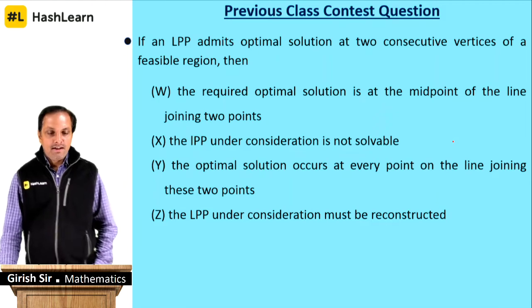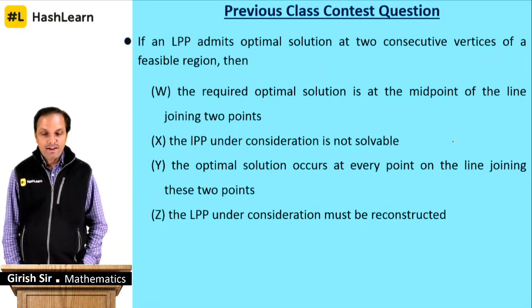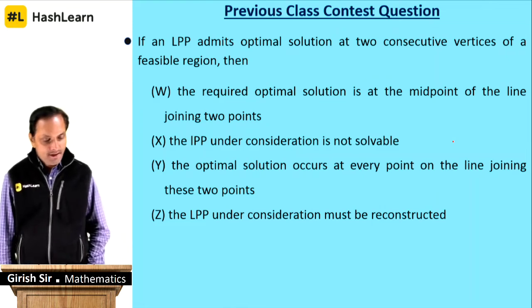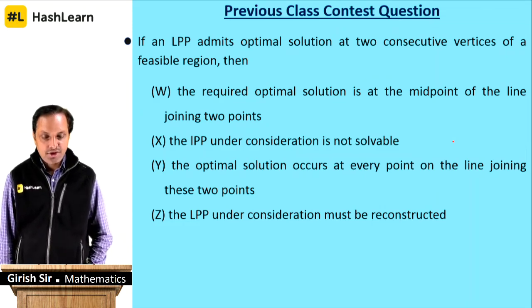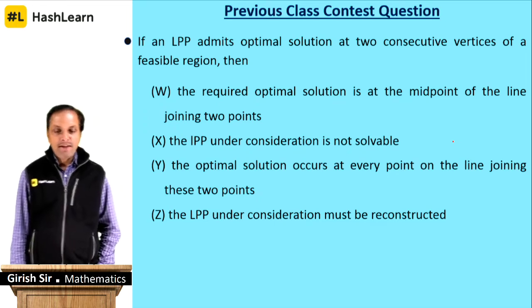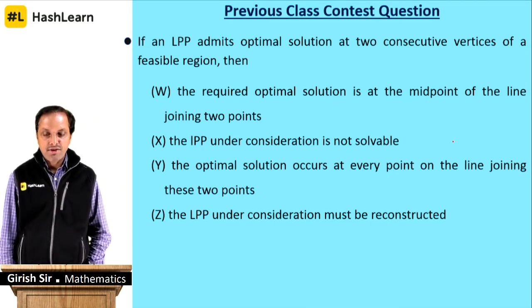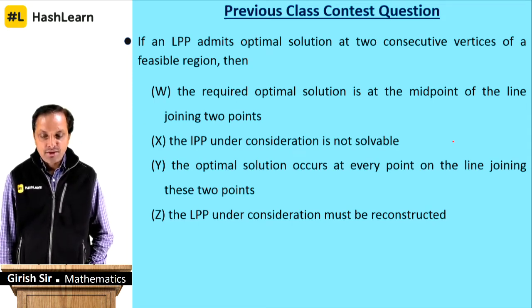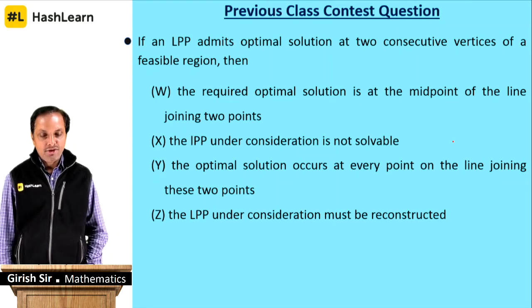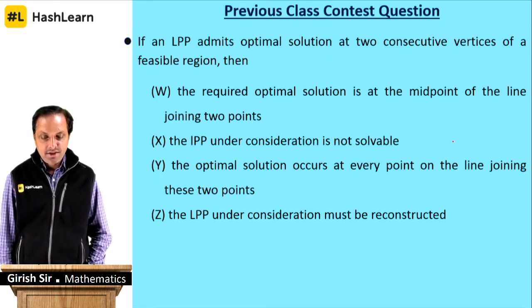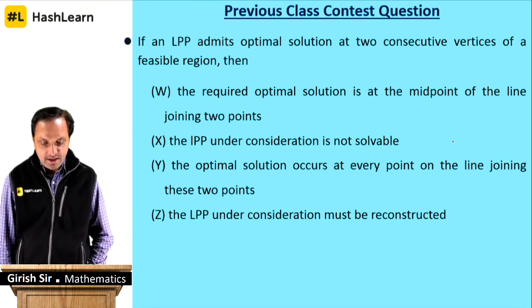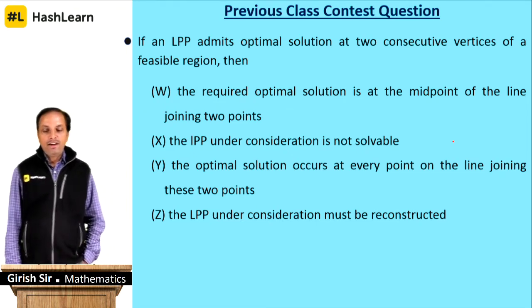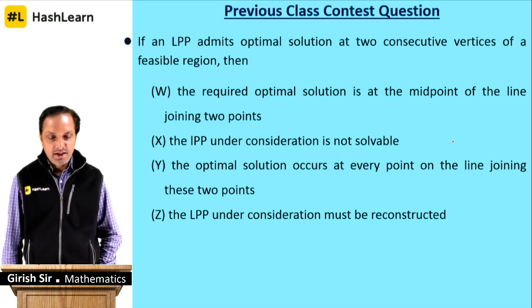If the LPP admits optimal solution at 2 consecutive vertices of the feasible region, then the required optimal solution is a midpoint of the line joining 2 points; or the LPP under consideration is not solvable; or the optimal solution occurs at every point on the line joining 2 points; or the LPP under consideration must be reconstructed. So what will be your option here?